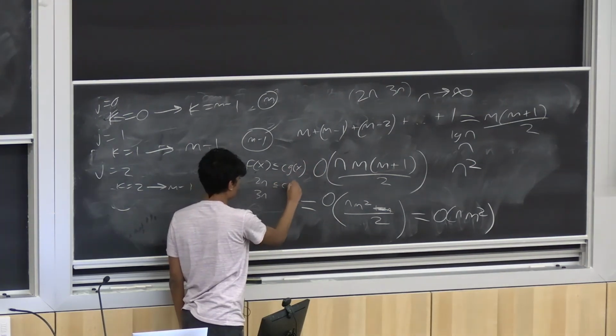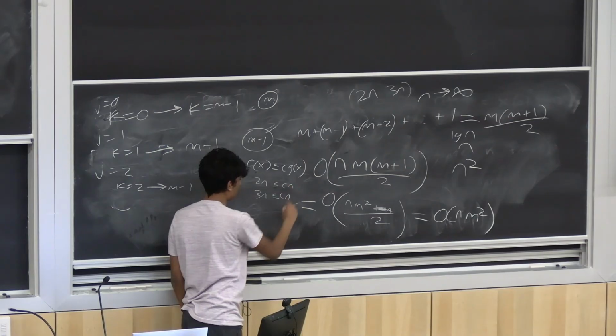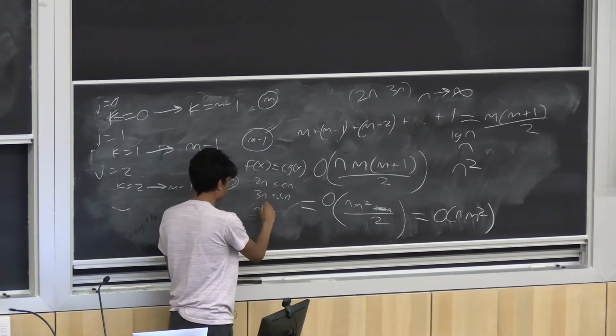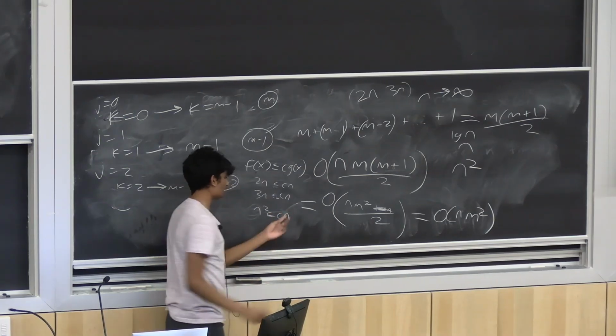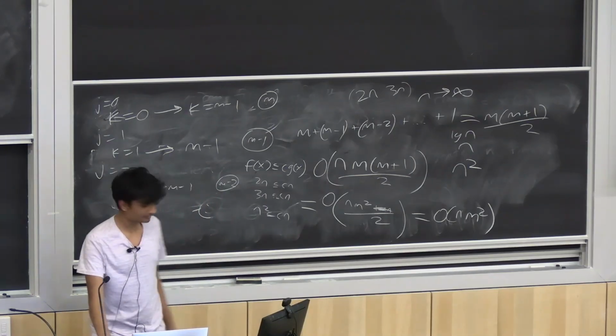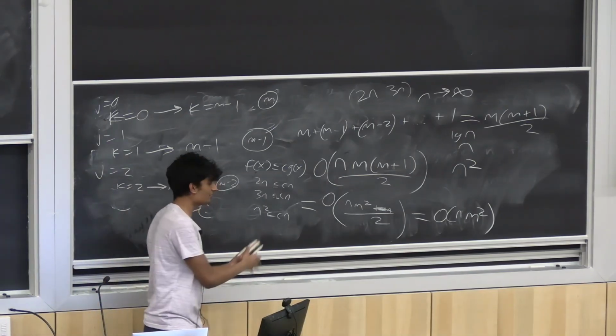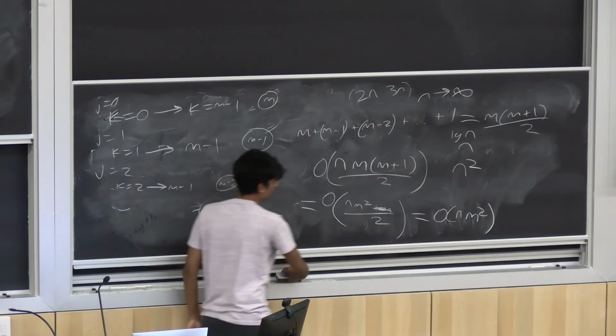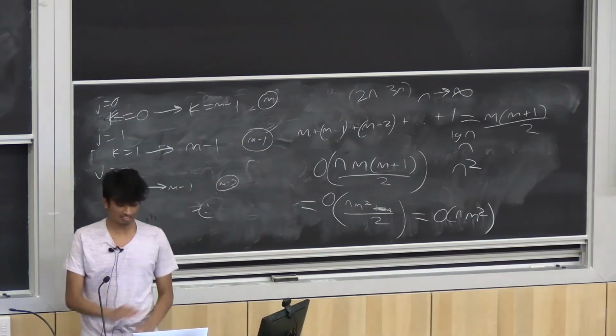We can find a c that makes both of these hold. But with n squared, we can't, because n squared is much greater than n. I don't think you guys need to know this part, so that's fine. Any other questions?